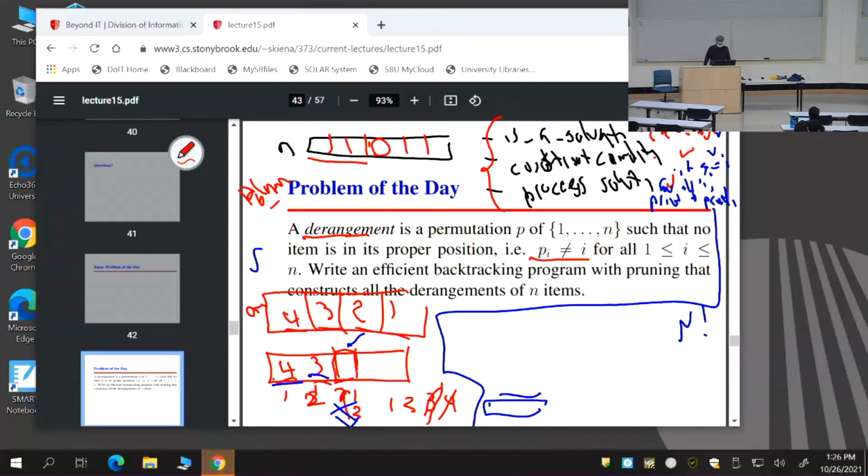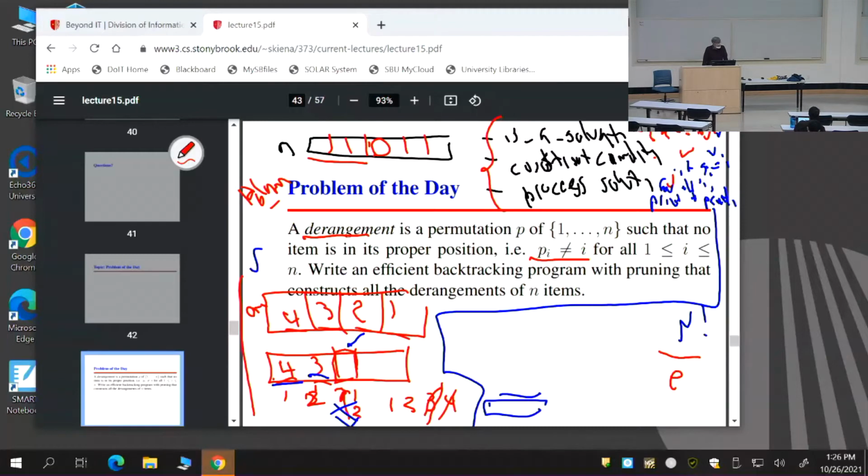Okay. So this makes this solution look better. Is it really better? Well, it turns out, does anybody know how many derangements there are of n items? If you had taken a good enough combinatorics class, I don't know if 301 is a good enough combinatorics class, the number of derangements turns out to be n factorial over e, where e is 2.718.